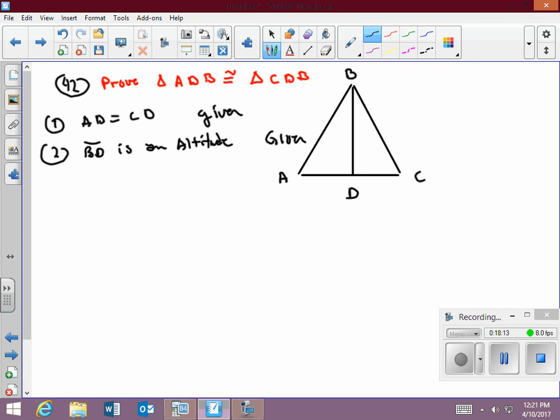Professor, question. Line BD, does that stipulate that there's a right angle at the base of it? Well, what's the definition of an altitude? An altitude is a line that is perpendicular to the base. So 90 degrees each. Because BD is designated as an altitude, line BD is perpendicular to AC by definition.